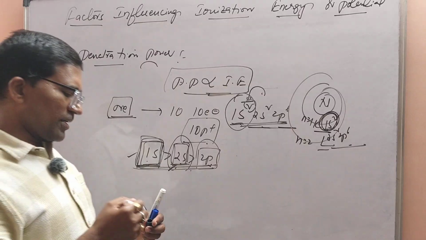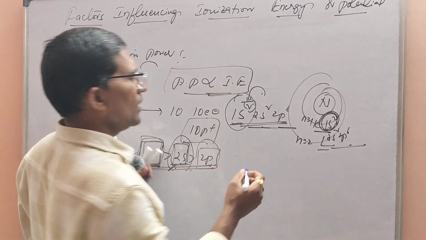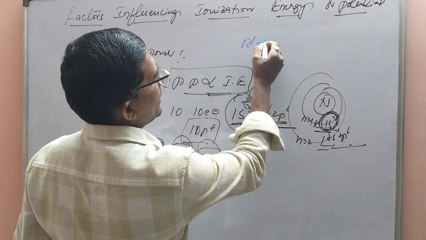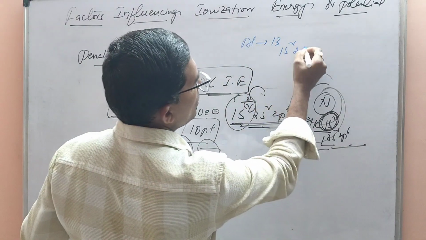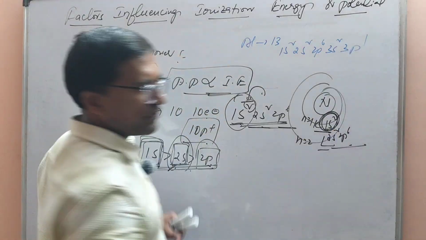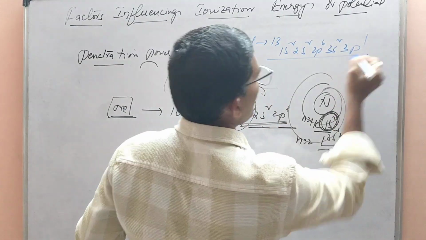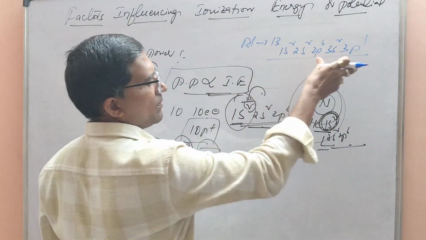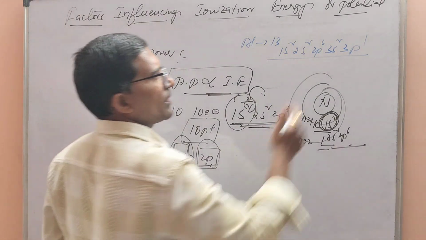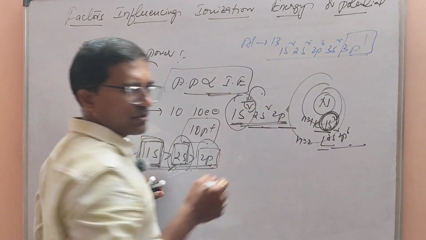If I ask you one question, I will write one configuration. Go with aluminium. Atomic number is 13. 1s2, 2s2, 2p6, 3s2, 3p1 is the configuration. Among all these orbitals according to the configuration, which orbital requires much energy to remove the electron?